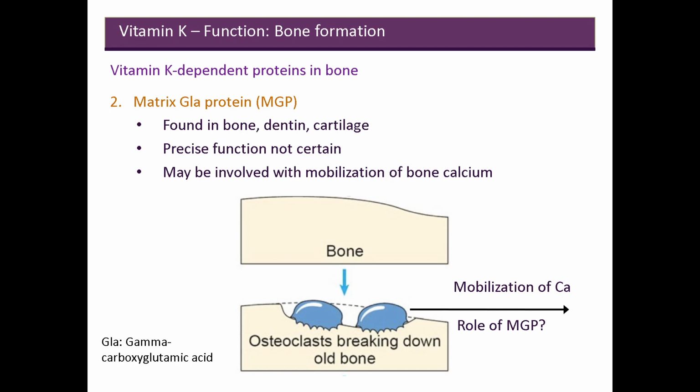So in this diagram, remember how I said osteoblasts help create bone? Osteoclast is shown here breaking down old bone, which releases the calcium and allows for MGP to mobilize it. So it is part of MGP and helps mobilize calcium.